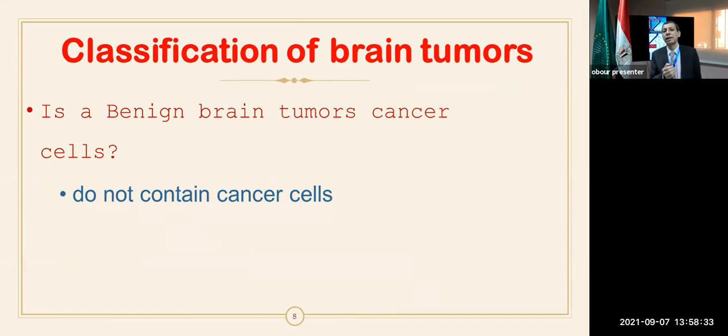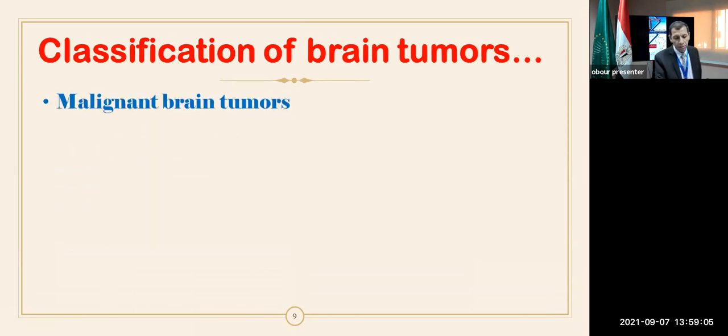Unfortunately, yes, because the cell itself does not have an effect on the brain, but the increase in its size may put more stress on the cells behind it, which causes some trouble to the human brain. Another type of tumor, malignant.